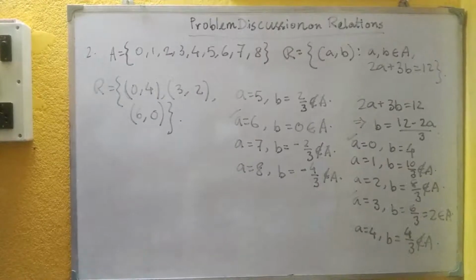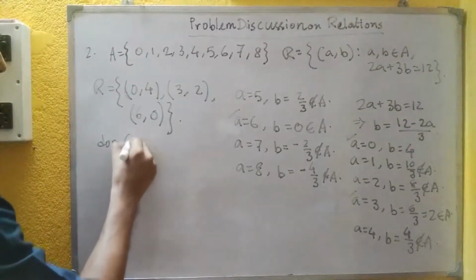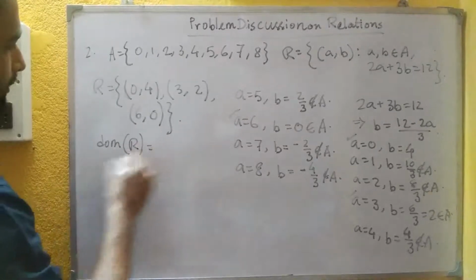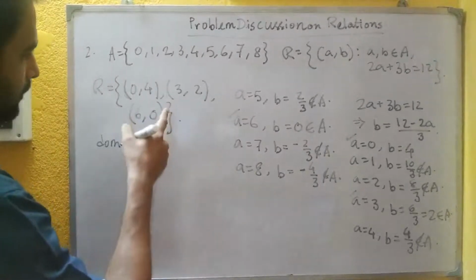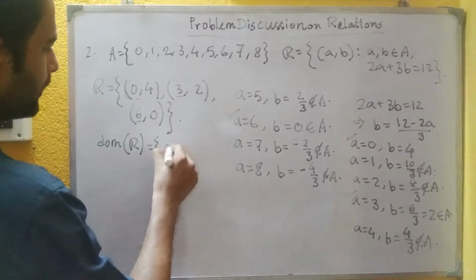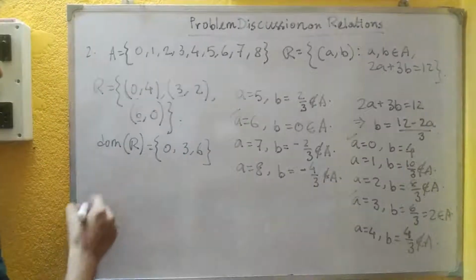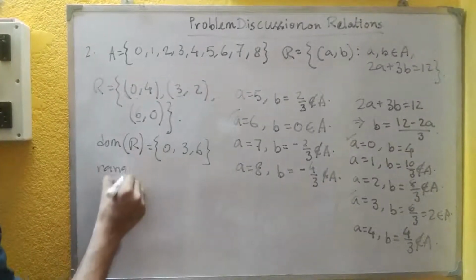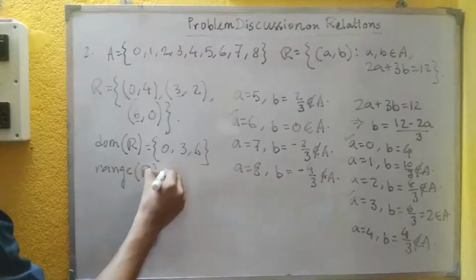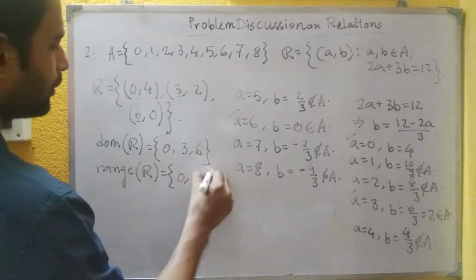So this is the roster form, and now we have to find the domain. From the relation you can clearly see the first elements of these ordered pairs are 0, 3, 6. So you can write this as the domain, and for the range, the second elements are there, that is 0, 2, 4.